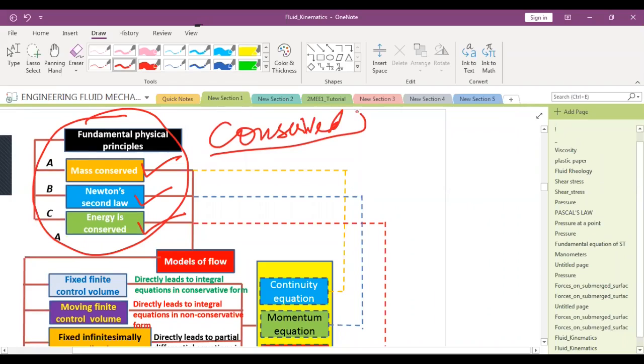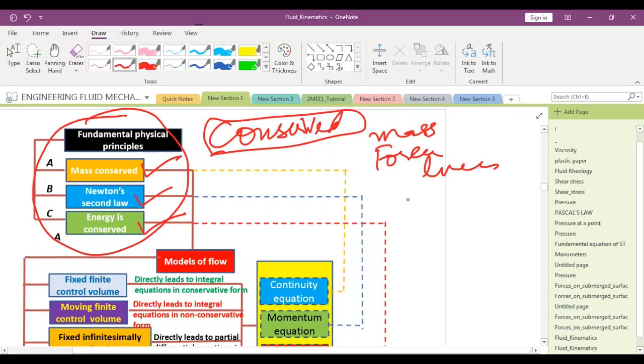So we are fortunate that all the laws which we deal with are conservative in nature. That is, if we are tracking some mass, mass is conserved. We are applying force, linear momentum is conserved. We are applying torque, angular momentum is conserved, and energy is also conserved in any process.